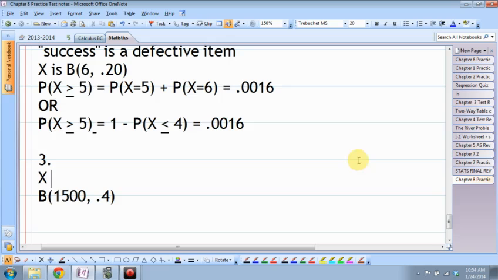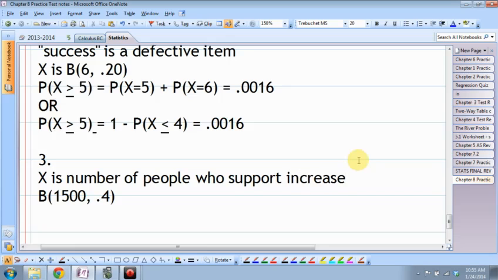So X is the number of people who support the increase. So X is a binomial situation: 1,500 people, 0.4. And now we want to know the probability that X is more than 650.